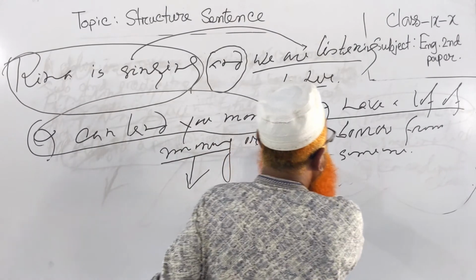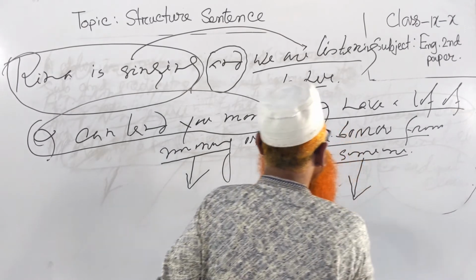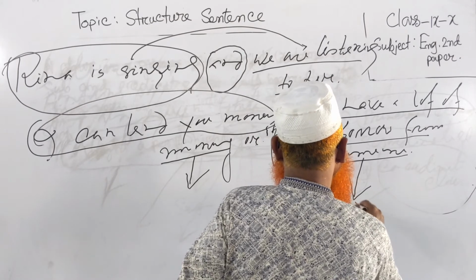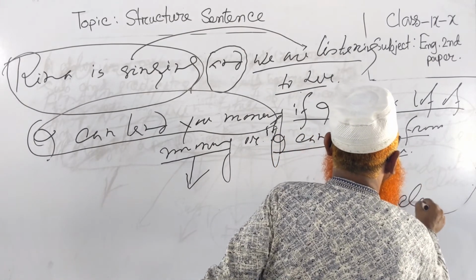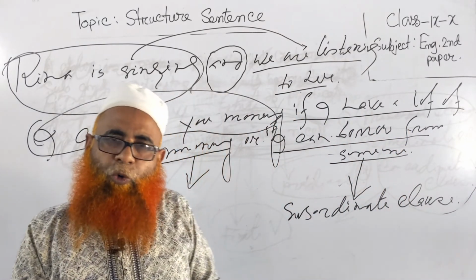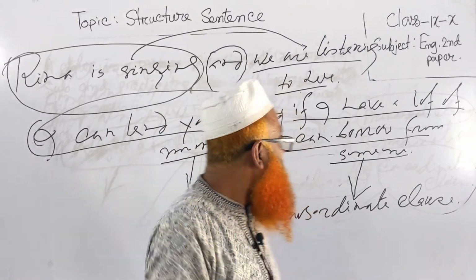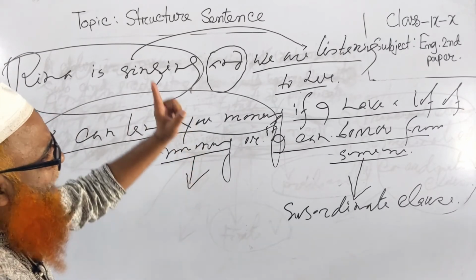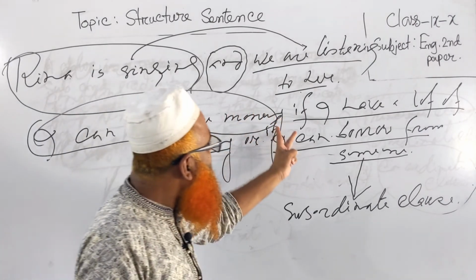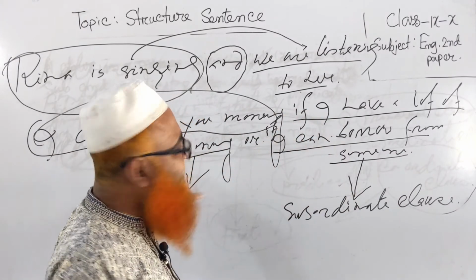If I can borrow from someone is also a subordinate clause. Dear my students, we came to understand from the example that in the coordinate clause, two or more subordinate clauses may be used.